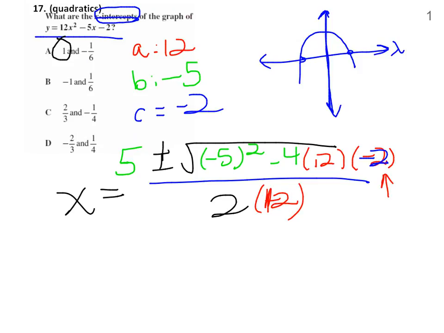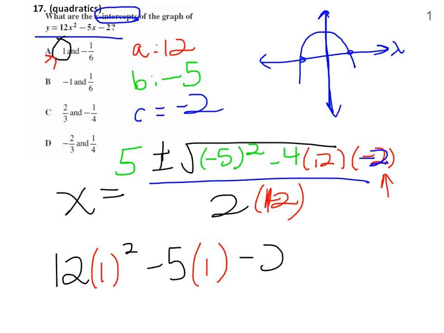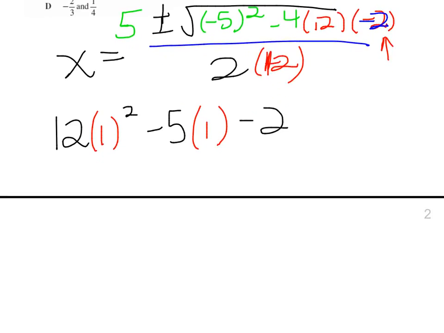So I'm going to do an example of that, like for instance with A. So one thing I would do is I would say, okay, we have 12 times x, so if x is 1, like it says here, squared, minus 5 times x, which is 1, minus 2. Let's see if that would make a 0.